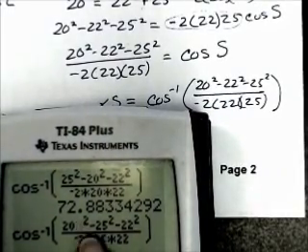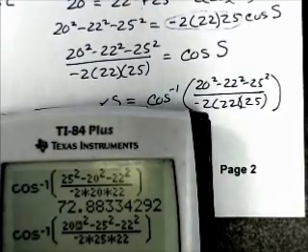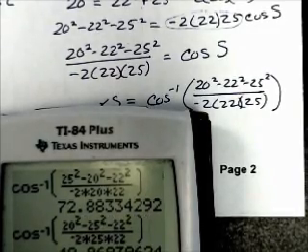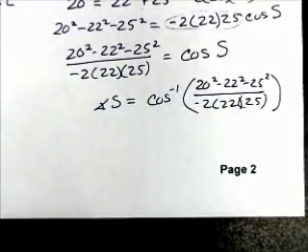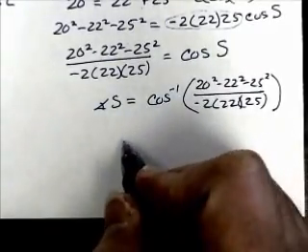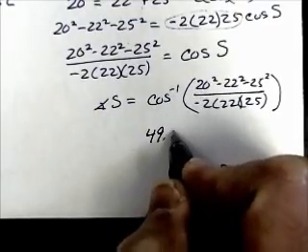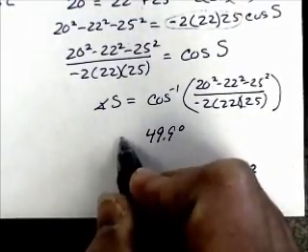The order of the 25 and 22 doesn't matter, just the 20 needed to be first. Looks good. 49.9 degrees. That's for angle S.